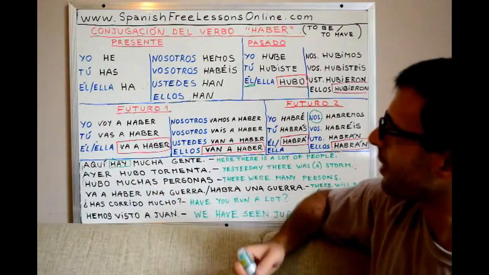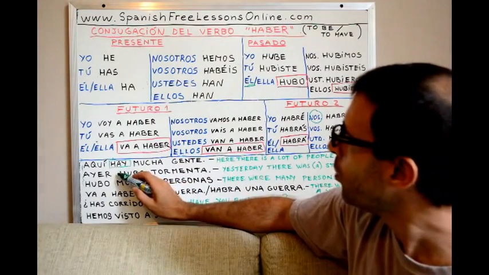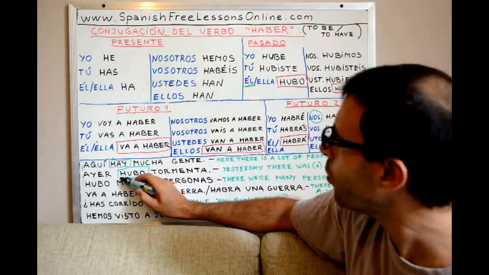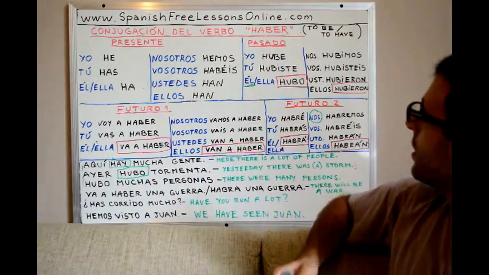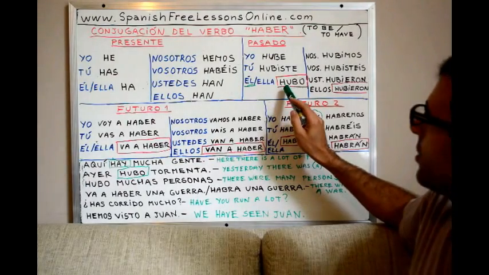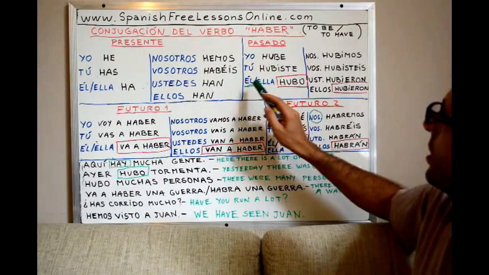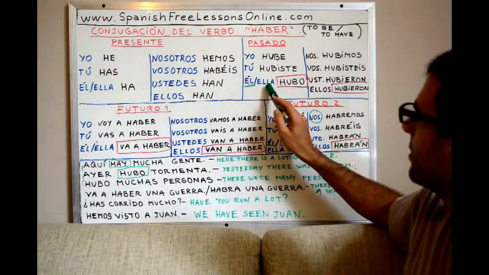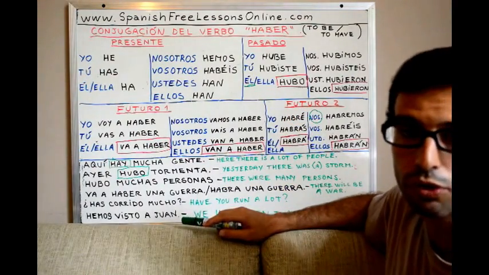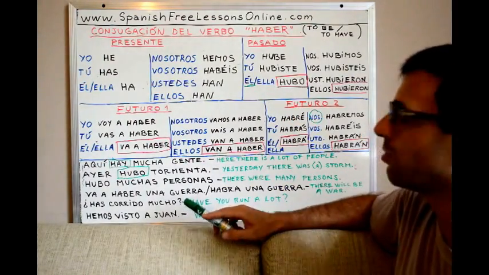And here, look at this. Hubo means there was, right? Here, it's the past conjugation for he, she, or it, right? There was. In English it would correspond to it, to something abstract.